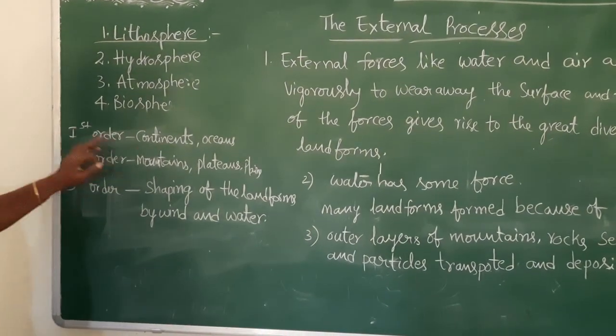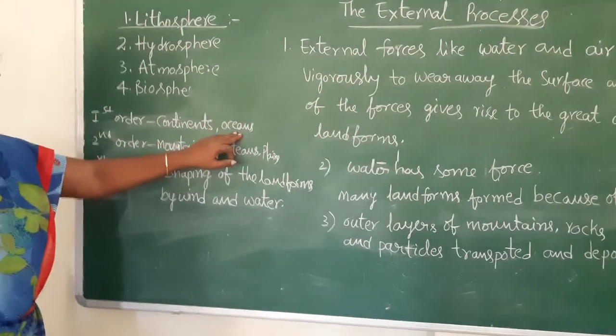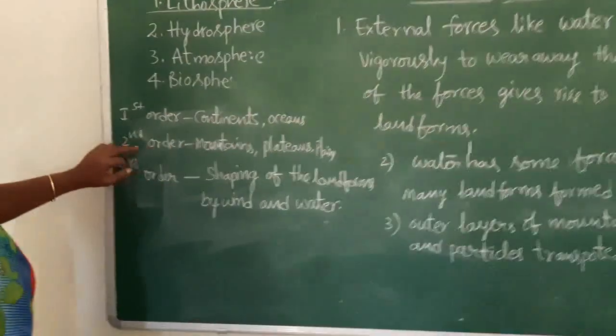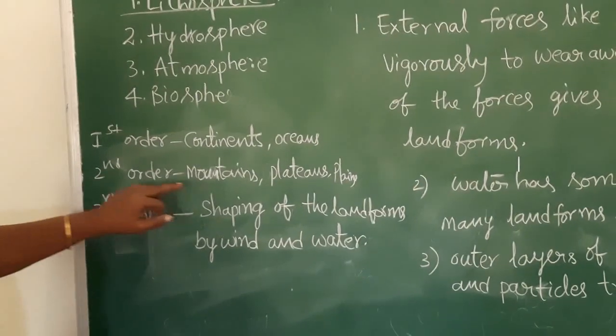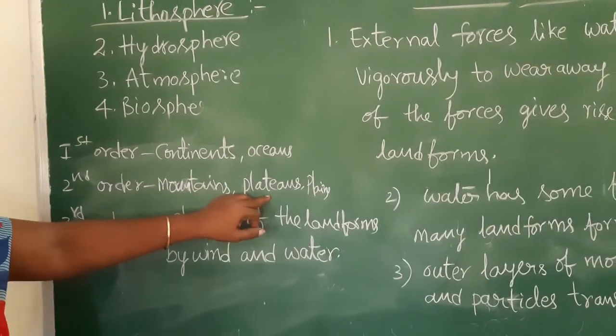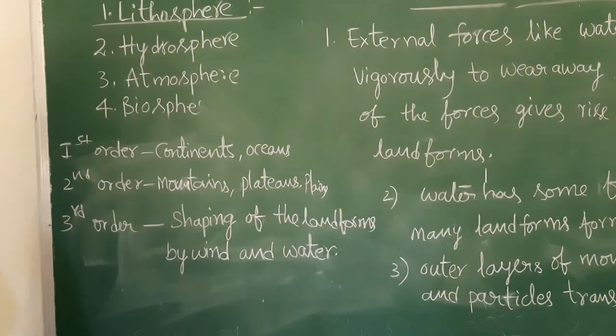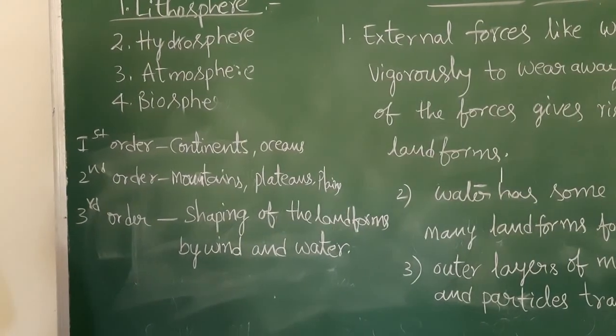In the previous class we discussed first order landforms and second order landforms. First order landforms are continents and oceans. Second order landforms are mountains, plateaus and plains.